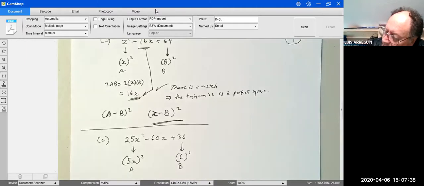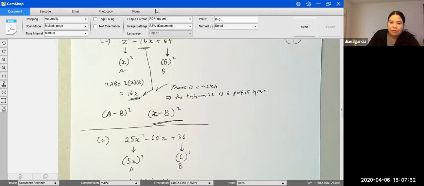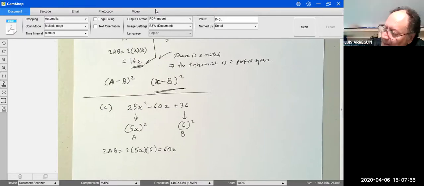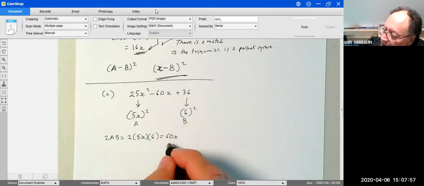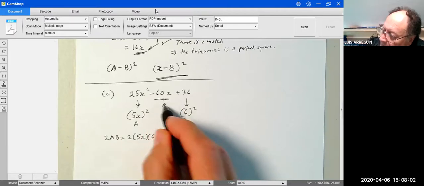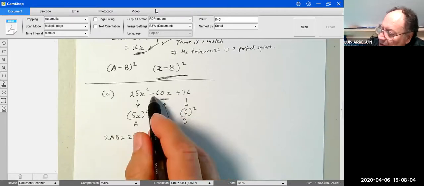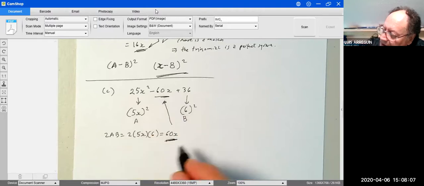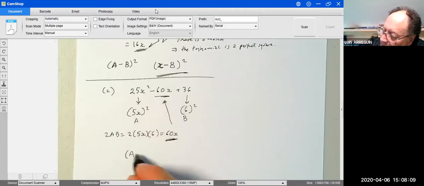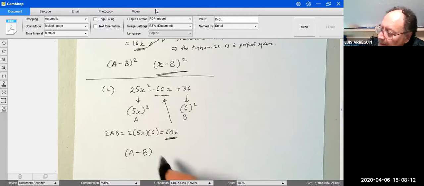So 2AB. Let's find 2AB. It's going to be 2 times A, 5x, times B, 6. So what is this? 2 times 5 is 10, times 6 is 60. So you have the middle term, you have this value matching here. And the sign, you don't care about the sign at this moment. You're going to take care of the sign at the last step when you write A, in this case, minus B squared.